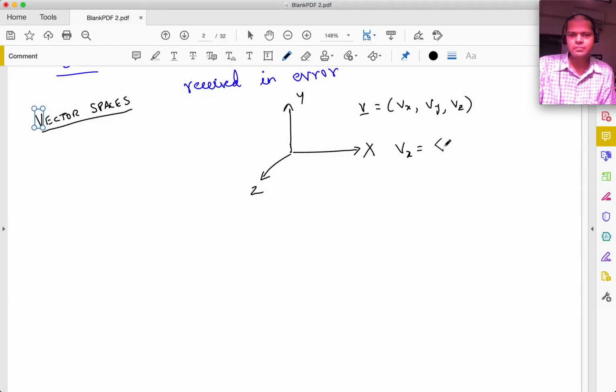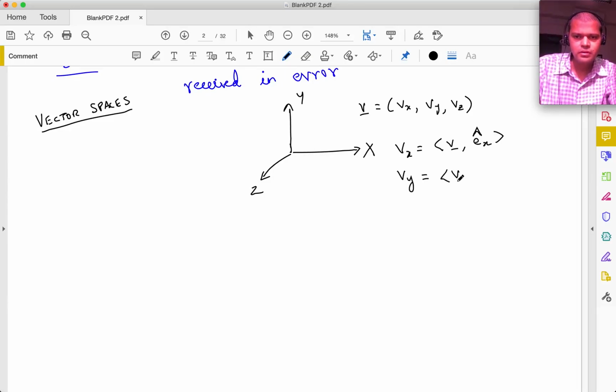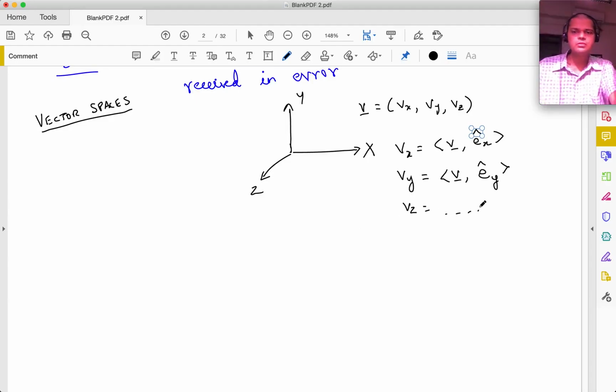You just take the dot product of V with the unit vector in the x direction, which I'm going to call Ex. Similarly, Vy would be the dot product of V with Ey, and so on, and Vz as well.